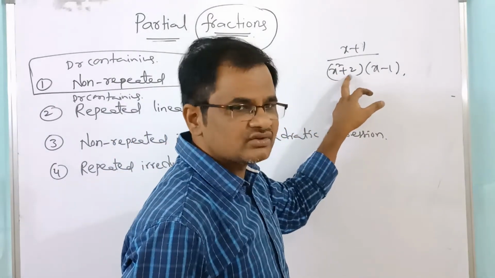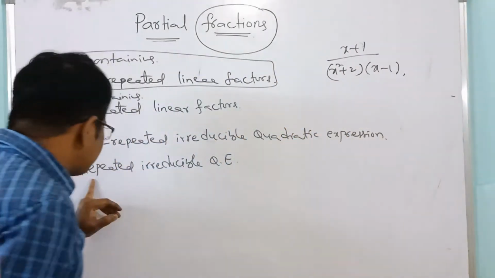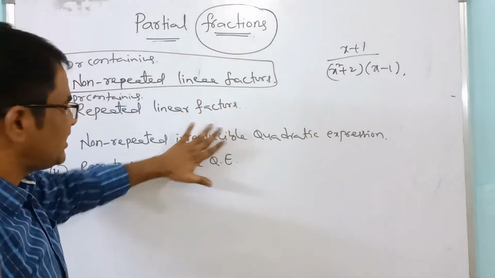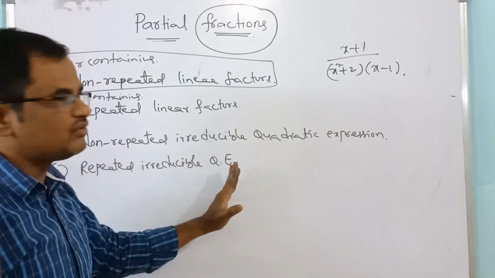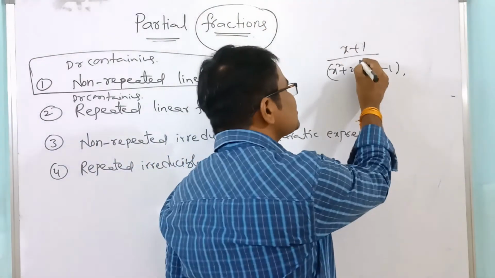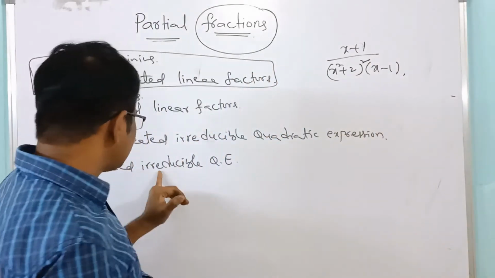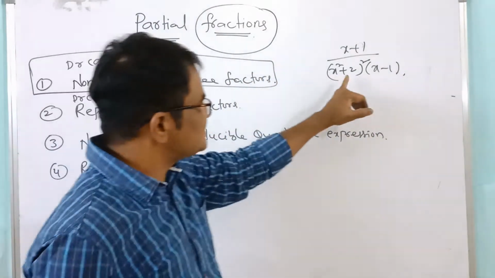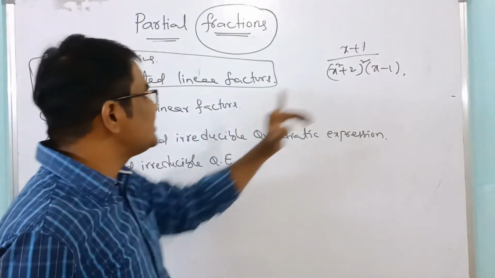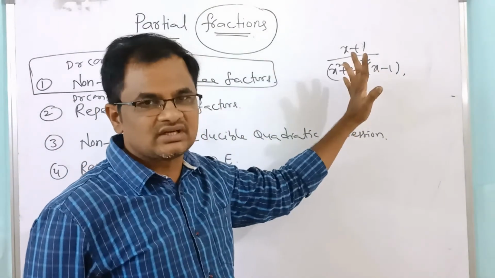This is not repeating, no? So that's why. Next, repeated irreducible quadratic expression. First three are important. This fourth one is rarely we will use. x plus 1 by x square plus 2. Suppose here square is there. So repeated irreducible quadratic expression. This is repeating, no? So that's why this is called what? Repeated irreducible quadratic expression, right?